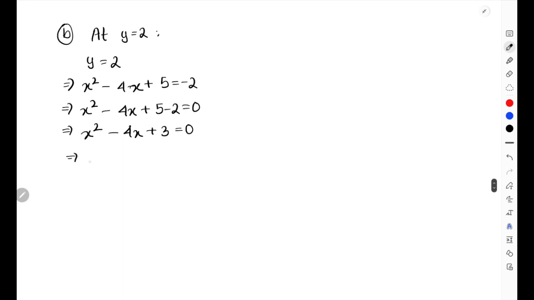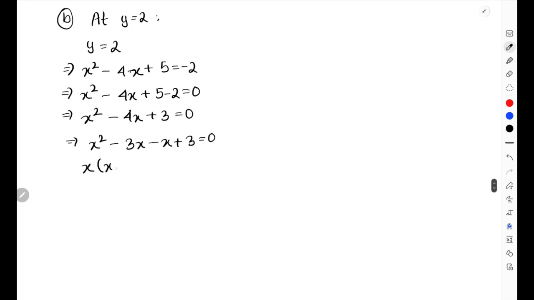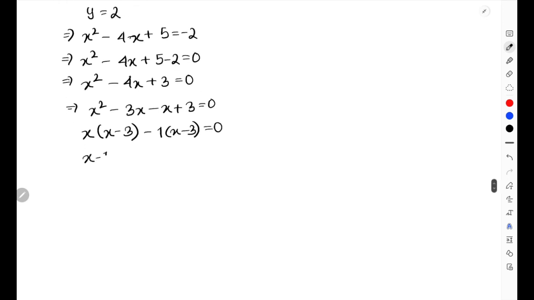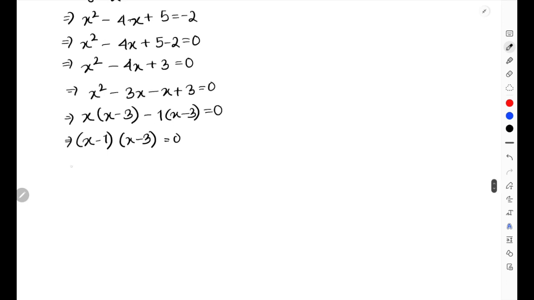Now I'll just have to use the middle term split: x squared minus x minus 3x plus 3 equals 0. So (x minus 1)(x minus 3) equals 0. So the value for x is 1 and the value for x is then 3.